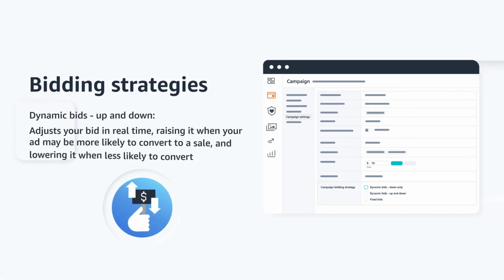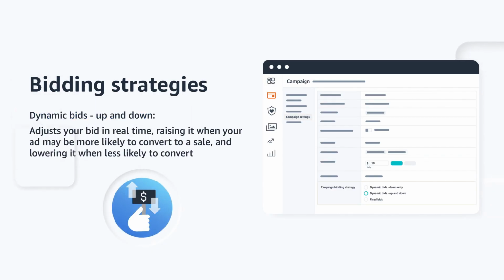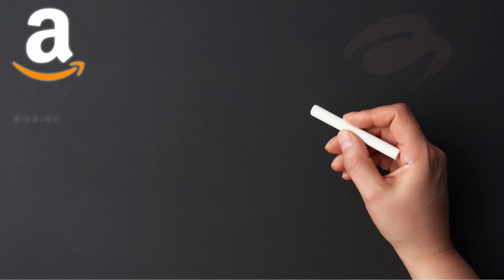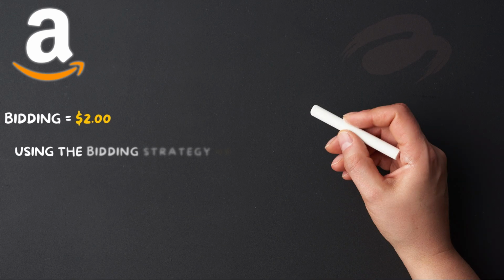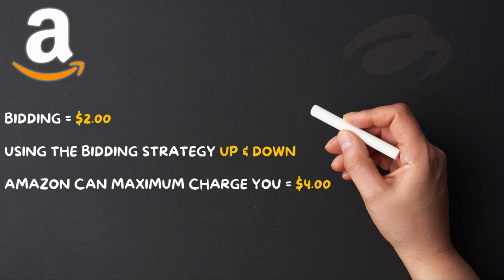The second bidding strategy is dynamic bids up and down. In this strategy, Amazon can increase your bid up to 100%. So if you are bidding $2 and you are using up and down, Amazon can charge you a maximum of $4 when it seems like your item is more likely to convert into a sale.